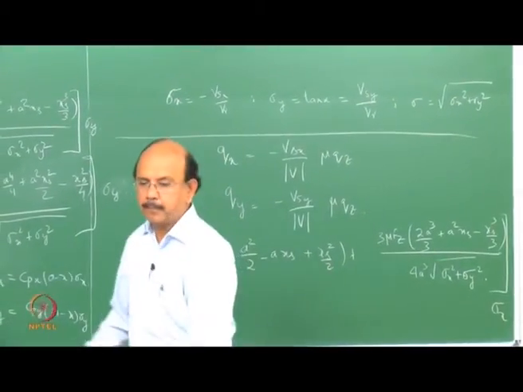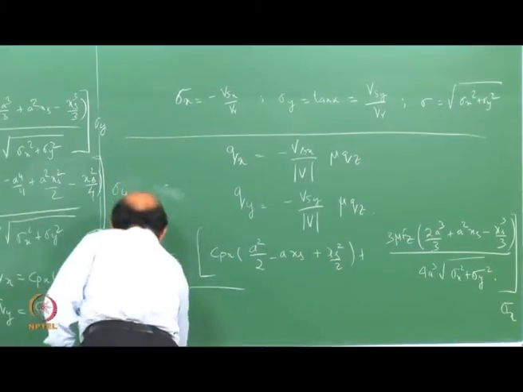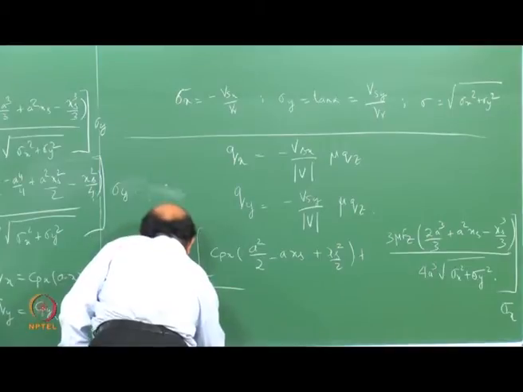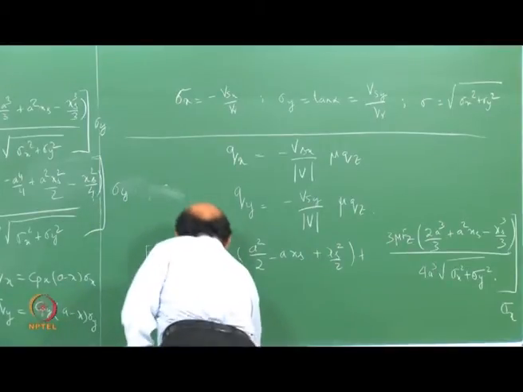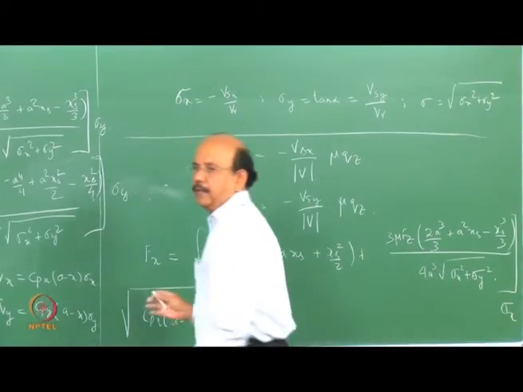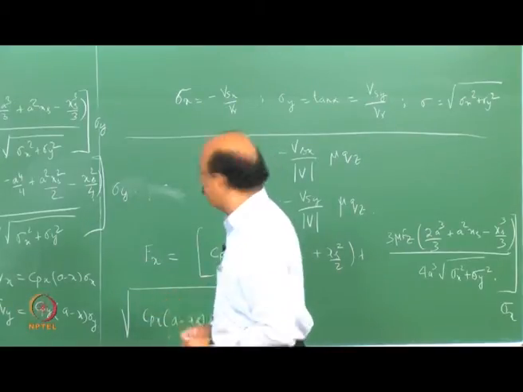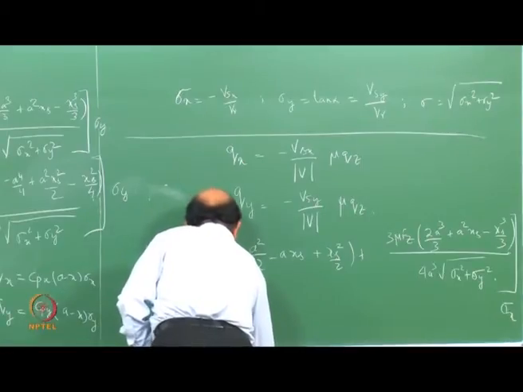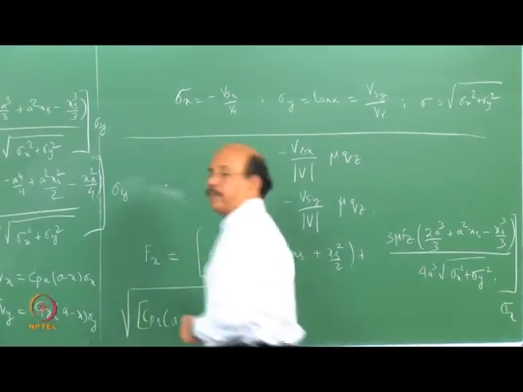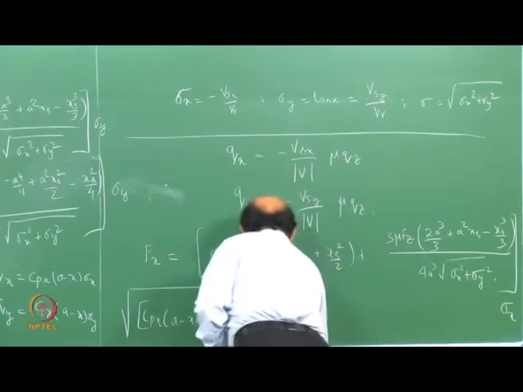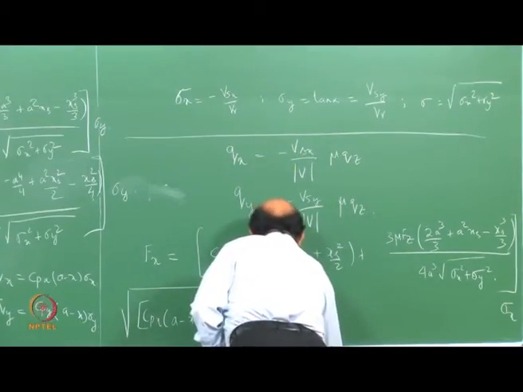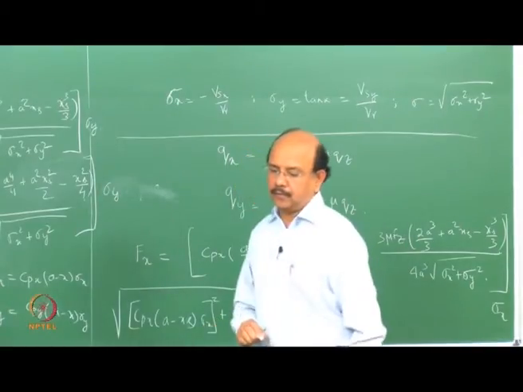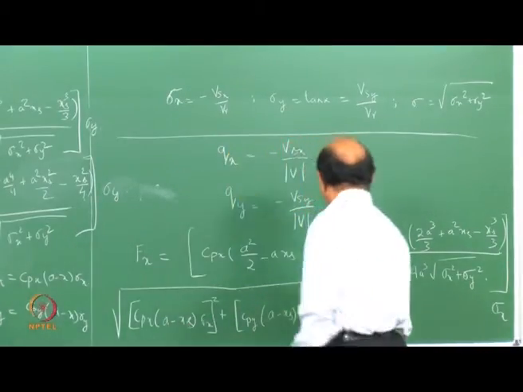So in other words, the sliding distance xs is determined by the root of (Cpx into (a minus xs) into sigma x) whole squared, because qx squared, plus (Cpy into (a minus xs) into sigma y) whole squared, is equal to mu into qz.